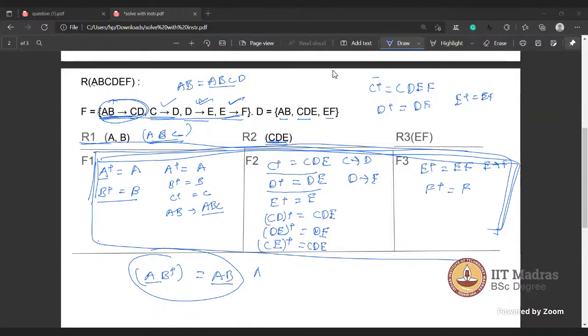Sir, here BC closure will give nothing, right? So what will be the BC closure? It will be only BC. So that R1 you considered ABC, right? So that trivially will determine ABC, right?